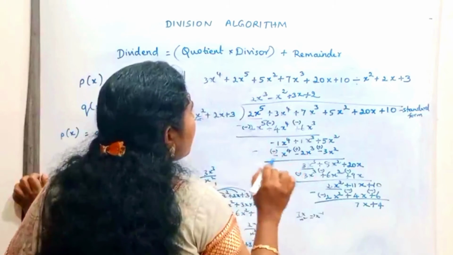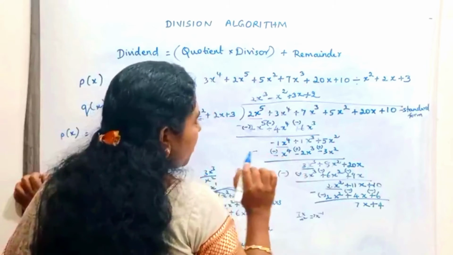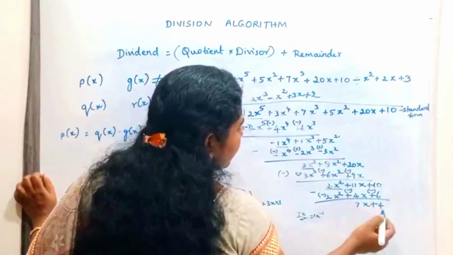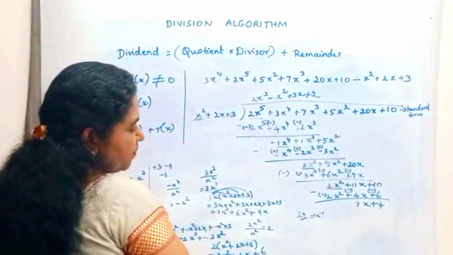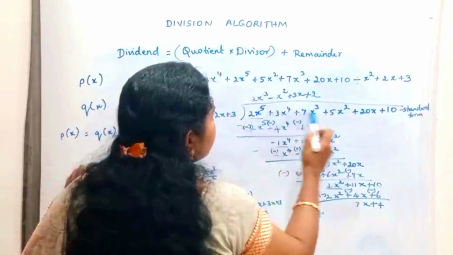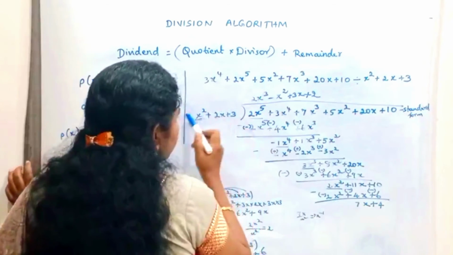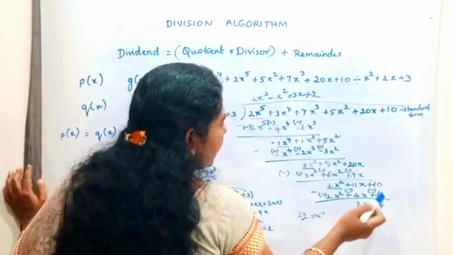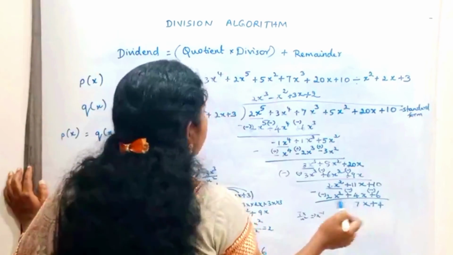So in order to avoid that, we will stop there itself and we will consider that expression as the remainder. So now here this is the dividend, this is the divisor, this is the quotient, and this is the remainder. We have to stop here itself.